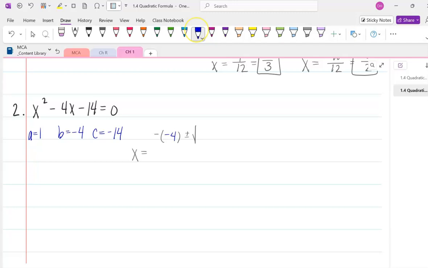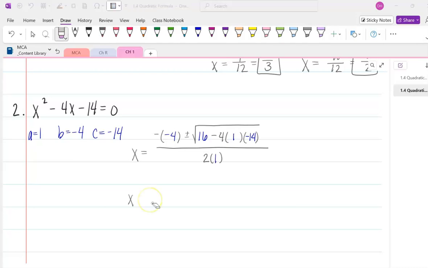So in this case, I'm going to do negative 4 squared, which I know is positive 16. And then you've got minus 4 times a times c. Both divided by 2 times a, and a is 1.